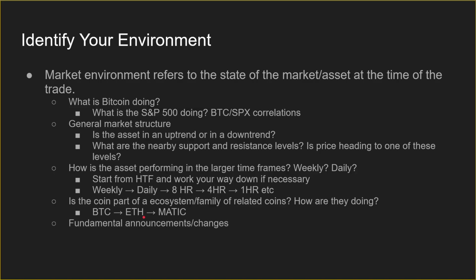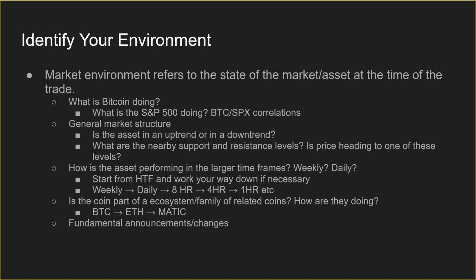We also want to keep an eye out for any fundamental announcements or changes, right? If there is some sort of shift in the blockchain or shift in the coding, or maybe there's something going on with the development team, or maybe there is a recent hack or some sort of shift to a migration of nodes, or they're adding some sort of new protocol. These are all things that we do want to stay somewhat understanding of, even if we're not necessarily trading directly off the fundamentals itself.